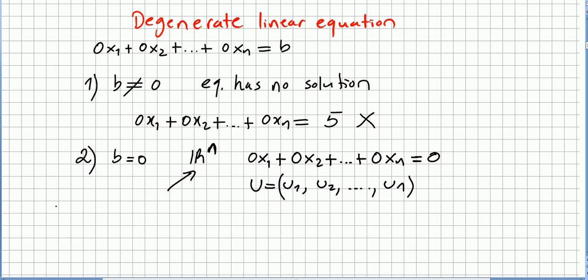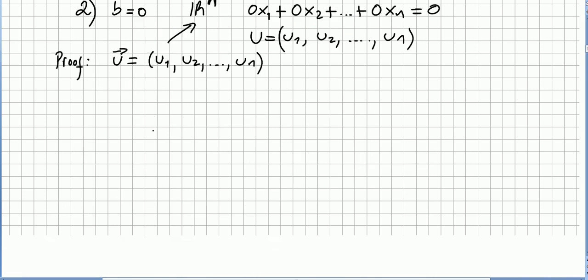Well, the proof for this would be really easy, right? Because the proof is we pick a vector, any vector, with u1, u2, un, and what we do is we replace it here, right?